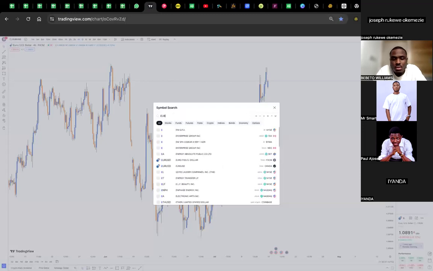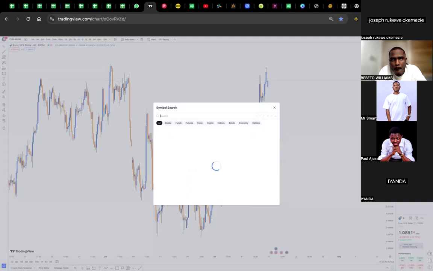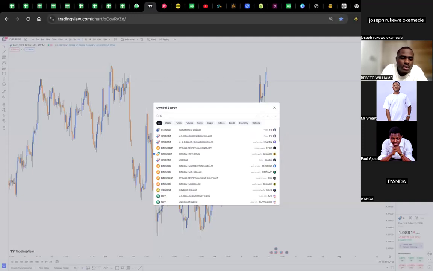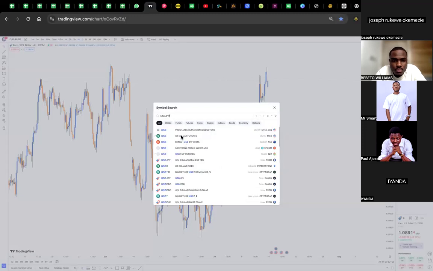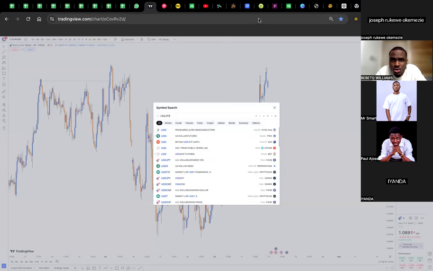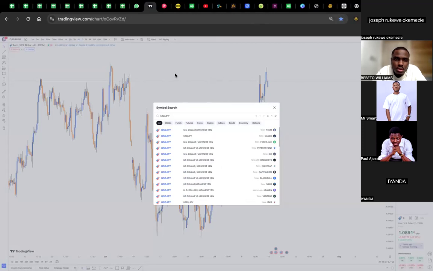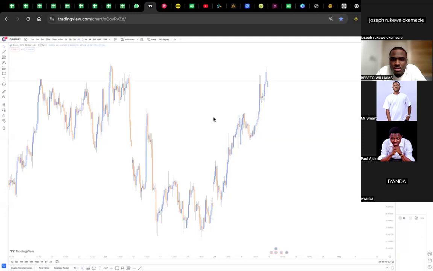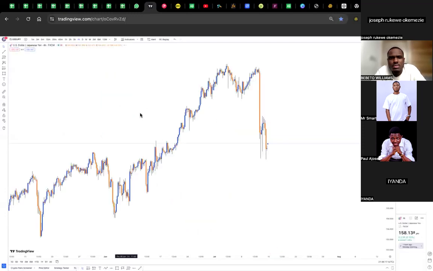Also, any currency pair you want me to treat, just write it on the chat box as well. All right. Okay, GBP JPY, UJ. Okay, USD JPY. So this is USD JPY.